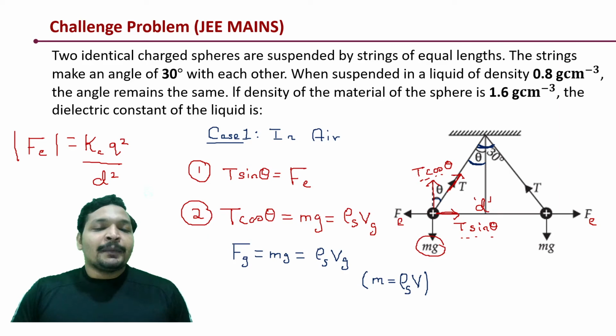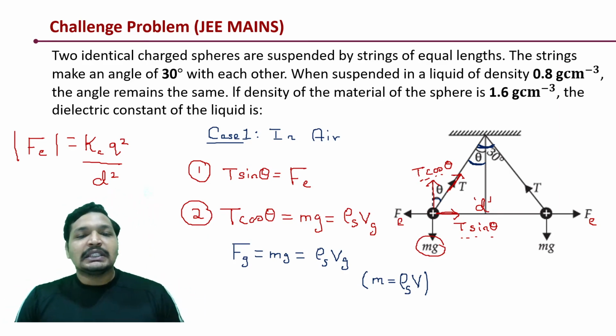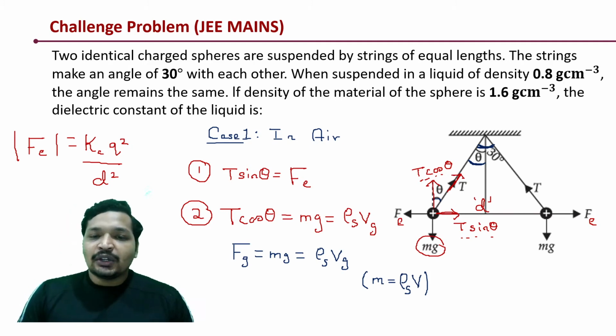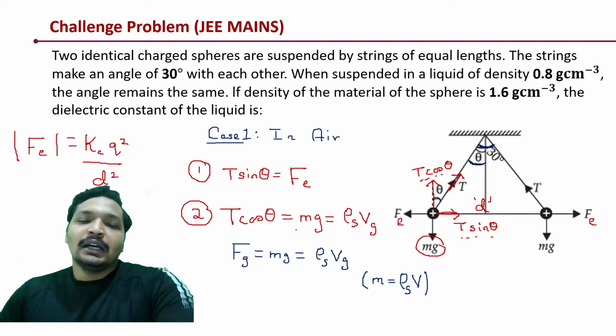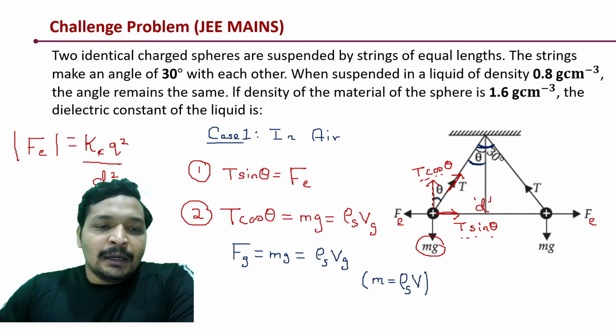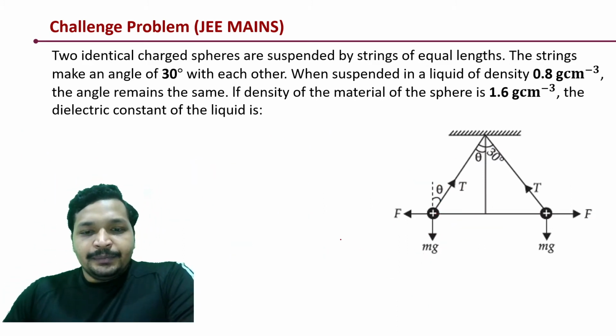Now from case 1 we can derive an expression which says that tan theta is equal to Fe divided by whatever we derived just now, which is rho s into V g.